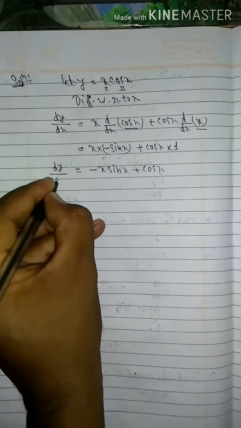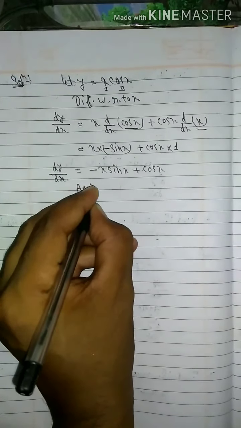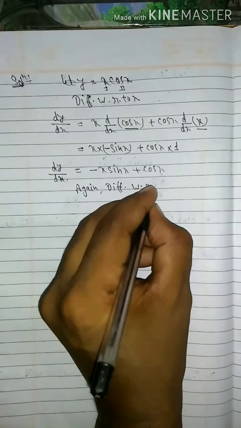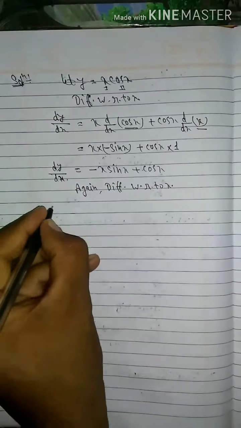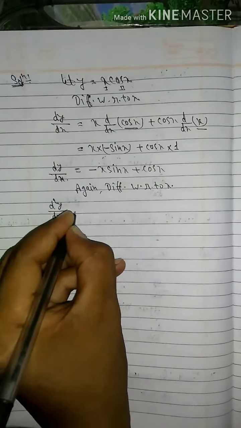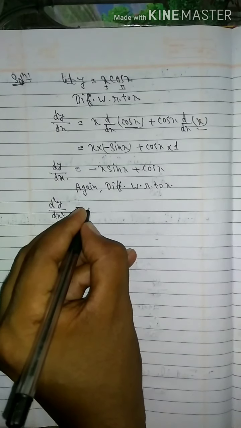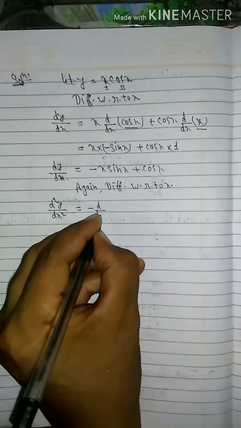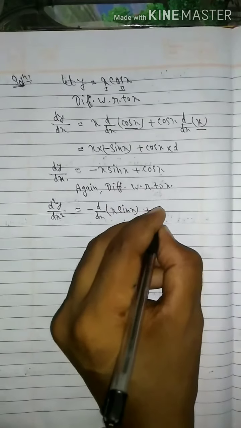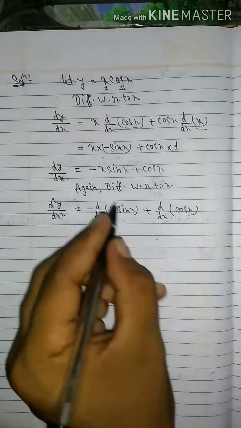This is the first derivative, and now again differentiating with respect to x, d2y by dx2 equals minus d/dx of x sin x plus d/dx of cos x.